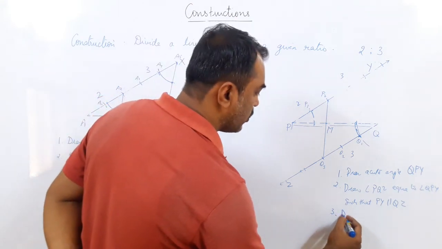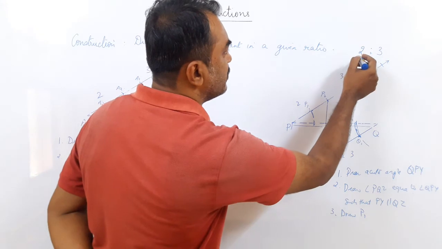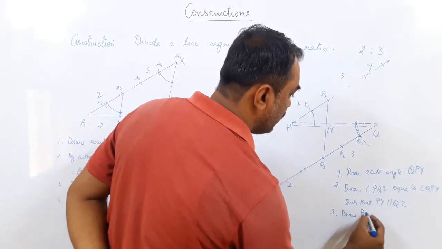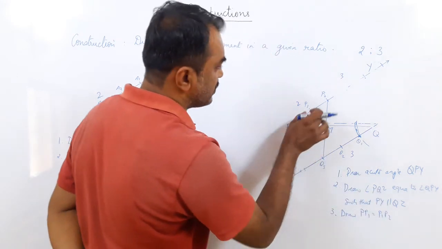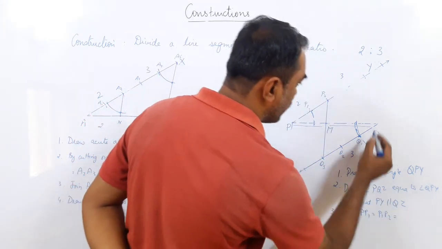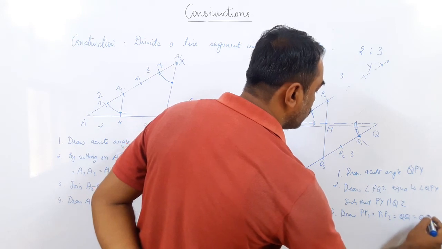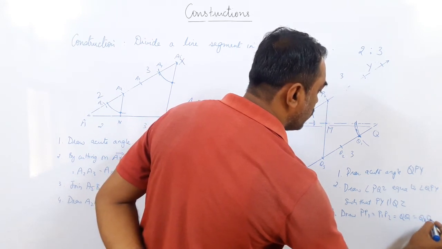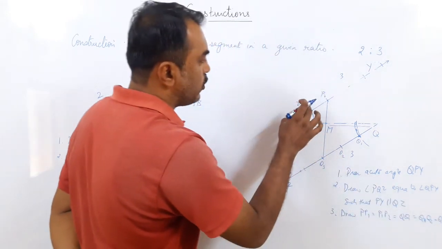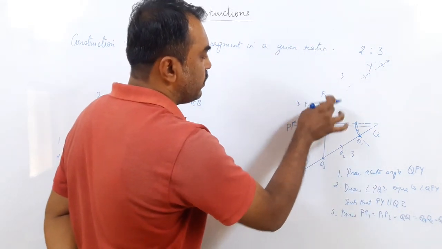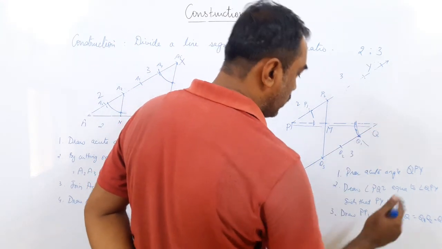Then draw P1, P2. I have taken this 2. So draw P1 equal to P1P2. I draw the first arc and the second arc, and I continue from here, Q1 equal to Q1Q2 equal to Q2Q3. So here I draw P1, P1P2. Here I draw Q1, Q2, Q3.